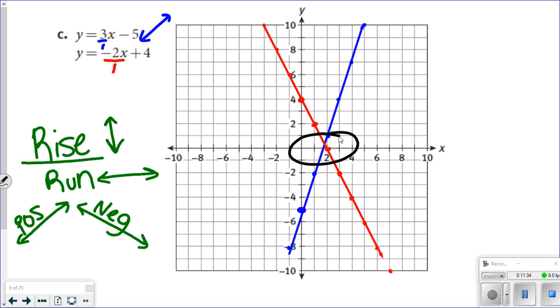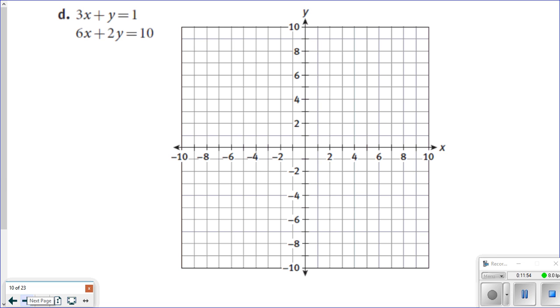Here's what the teacher edition says. Yuck. So, clearly, graphing is not always the best method because there's not an intersection point here. Let's move on to question D and see what happens.